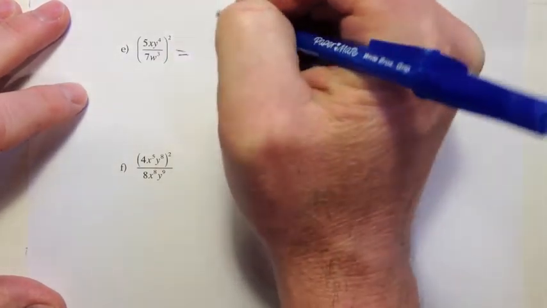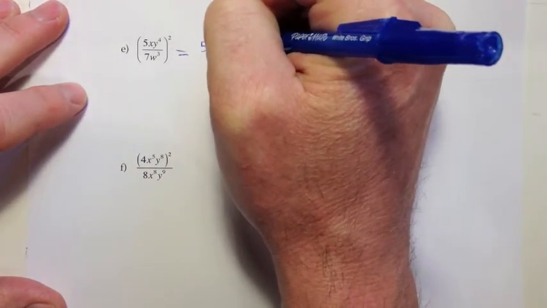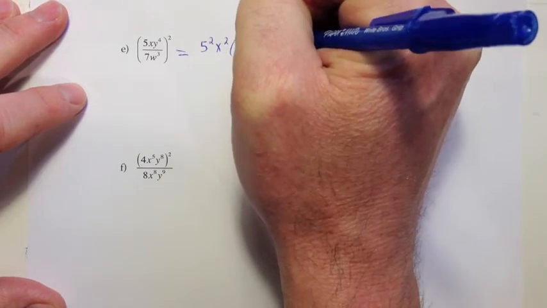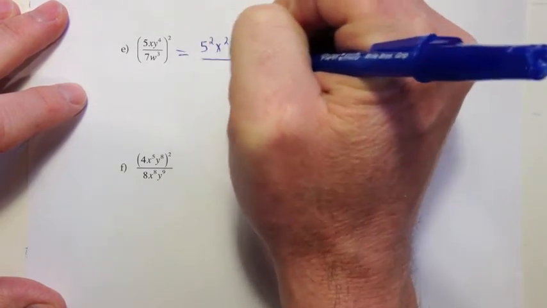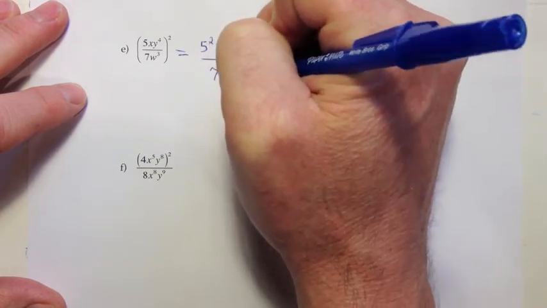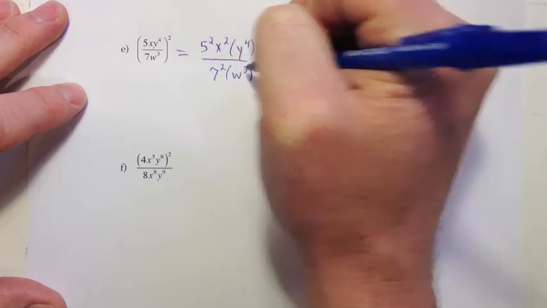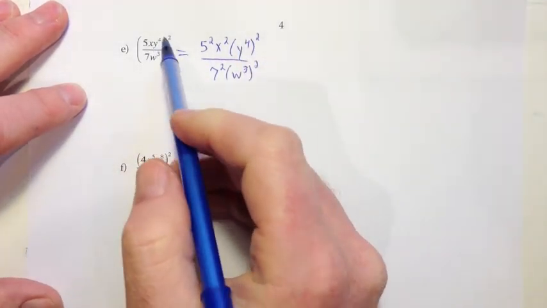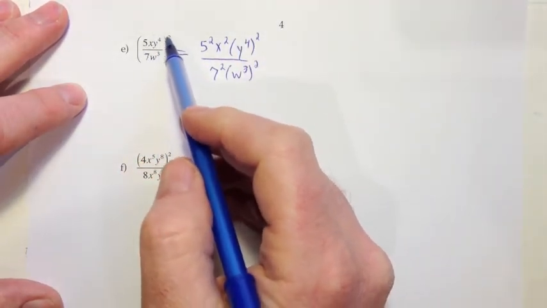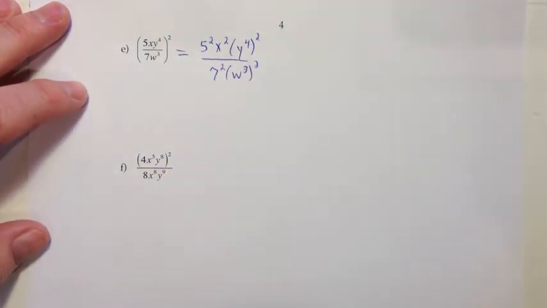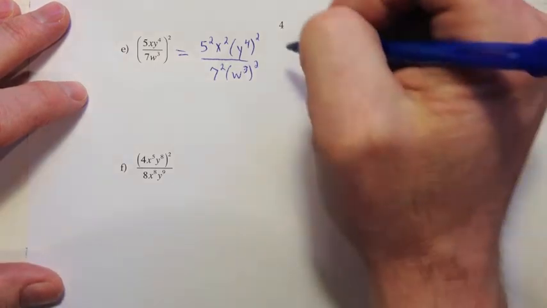So writing that out, going through each one at a time, I get the 5 squared, I get x squared, I have the y to the 4th squared, the 7 gets squared, the w to the 3rd gets squared. So again, every single factor inside of that parentheses gets that exponent distributed to it, and that is actually using both the quotient to a power and the product to a power rule simultaneously.